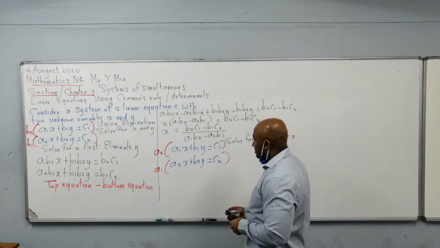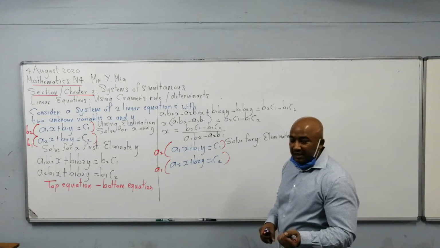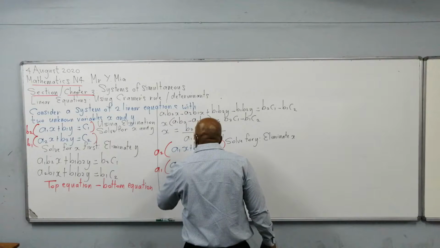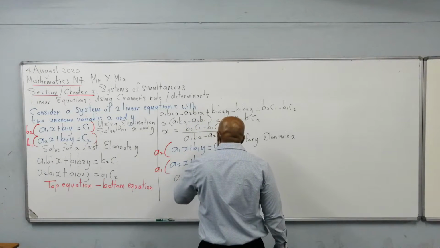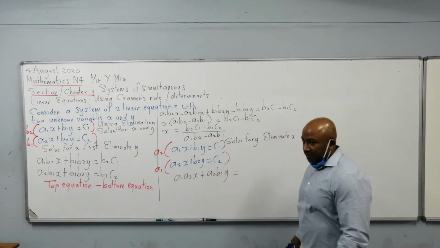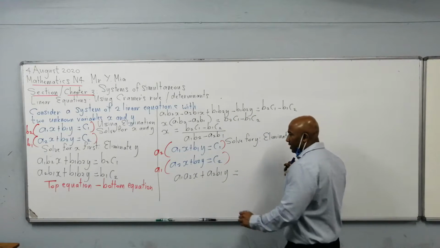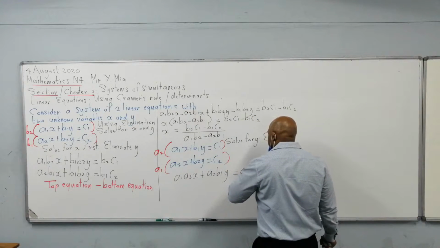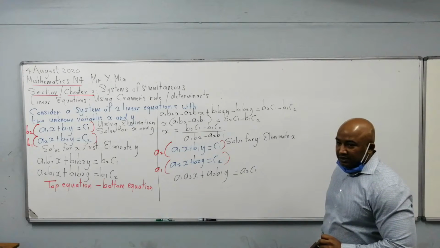So what happens now? All I'm going to do is multiply. So that's going to be a1 a2x plus a2 b1y. That is my left hand side. On the right hand side, a2 times c1 is going to be a2 c1.